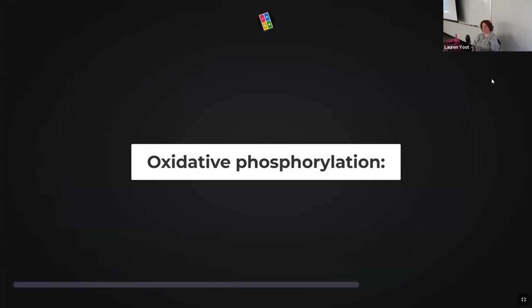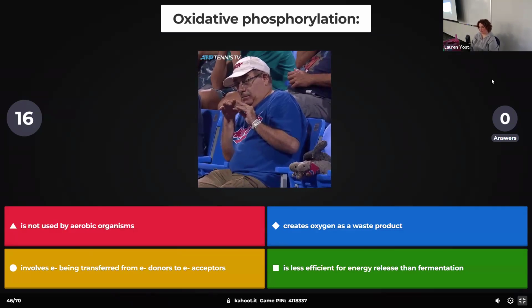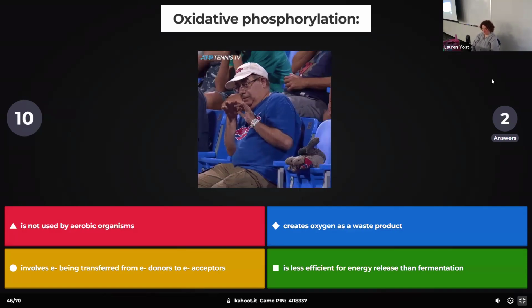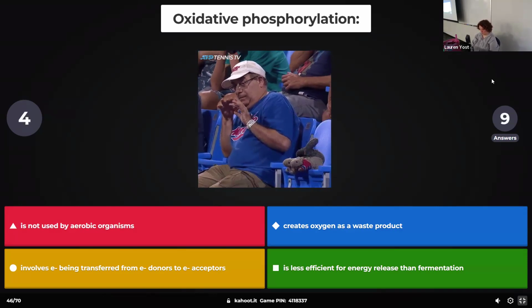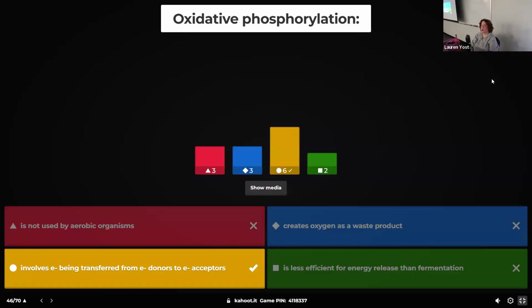Okay, what is oxidative phosphorylation? Right, so we know that it involves electrons being moved because it's called oxidative, right? So oxidative is always going to be referring back to redox reactions and exchanging of electrons. So in this case, electrons are going to be lost from one thing, which will be our donors, and then moved to another thing, which will be the acceptors.